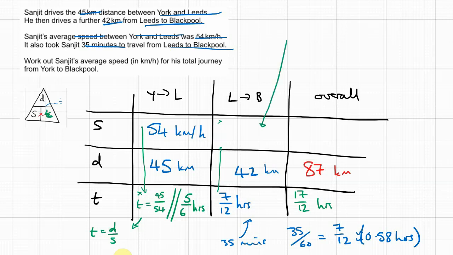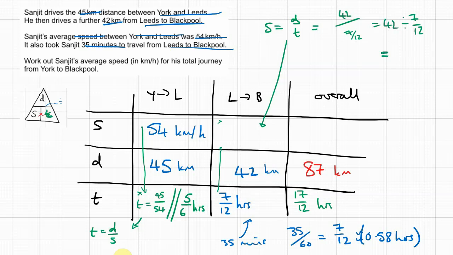And then figuring out this, well, the easiest one, speed equals distance over time. Distance is 42, and over 7 over 12. That basically means 42 divided by 7 over 12. You've got a calculator, so dividing by a fraction shouldn't scare you.